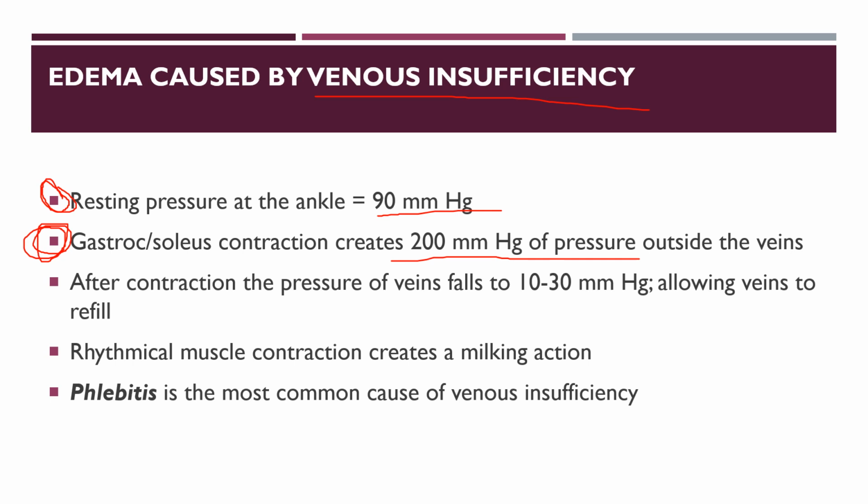So by all means, if we're looking at that person that is sitting on an airplane for a long period of time, maybe we're going to educate our patients on this portion and say you should really be doing some ankle pumps, just doing some heel raises essentially, even if you're seated during that long flight, because we're going to get a significant amount of pressure outside of those veins that's going to help return the fluid back to circulation. Okay, so we have these really big muscles that provide a lot of different pressure to those veins.